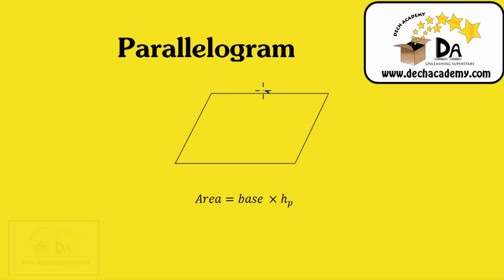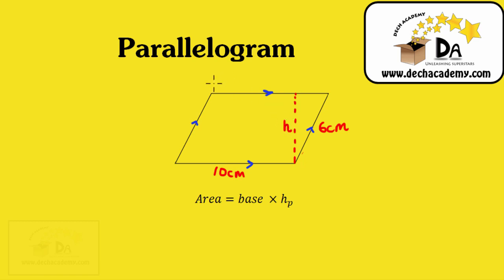This is a parallelogram, so opposite sides are parallel and equal in length. Let's say that this side has a length of 10 centimeters and this side has a length of, let's say, 6 centimeters, and the perpendicular height of the parallelogram is unknown.